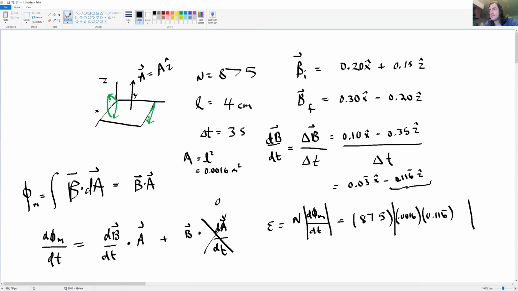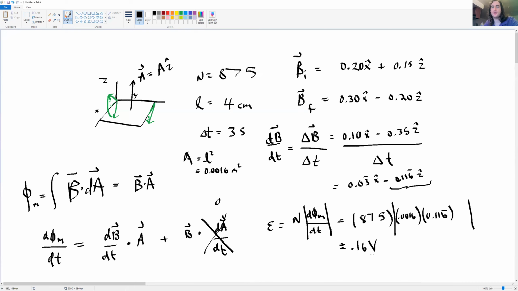That's the dot product because the X component is not going to contribute because that's parallel to the loop. And there, we don't have to worry about the cosine because we're actually just taking the dot product. So you multiply these numbers out and you're going to get some answer here. They give about 0.16 volts.